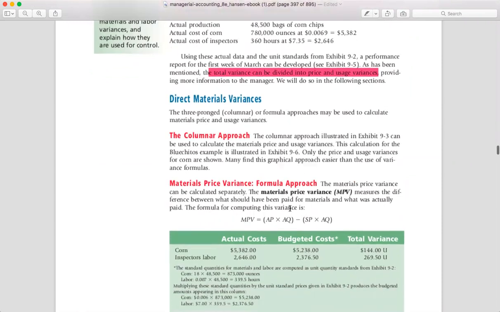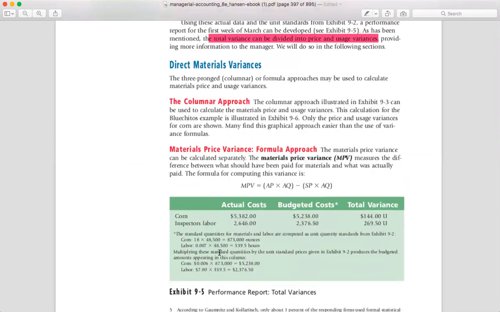So they got corn is 18 times 48,500, and they got this amount. The labor is got from the information in exhibit 9.2 times 48,500, so we got this hour.